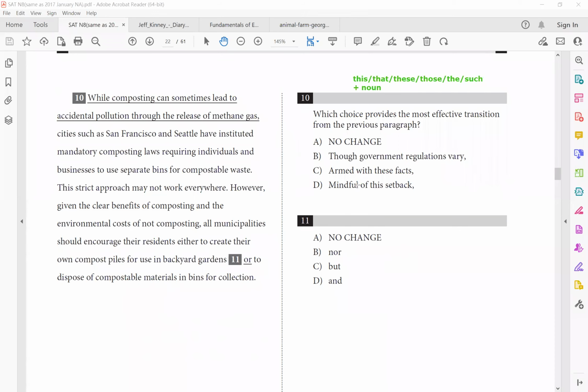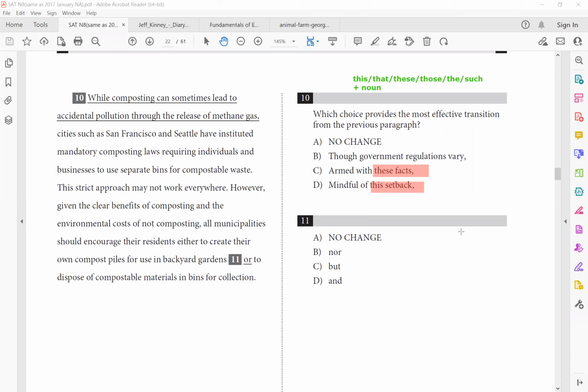So if we take a look here, we see that these facts and this setback. So before, we do see graphs and statistics saying the 13 million, the 33 million tons being wasted and how there's a lot of methane gas, right? So these facts would be more likely.